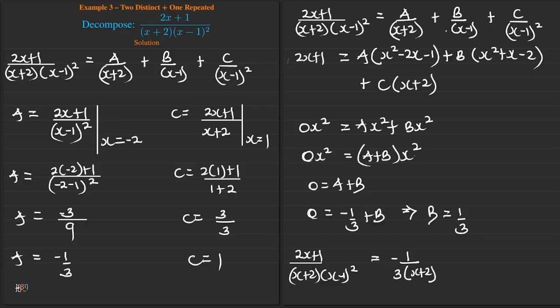Then our b on the other hand is 1 over 3, so plus 1 over 3 into bracket x minus 1. And then our c was 1, so you say plus 1 over x minus 1 all squared. This becomes the partial fraction representation of our compound fraction we have over here.